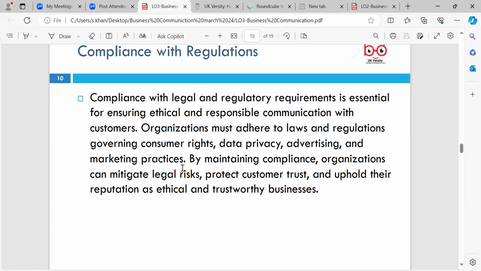So it is really important that you comply with the laws and the regulations that are in place, because as a business, you need to comply with these to become a better business, and you need to look at these as the most important factors in the success of any business.